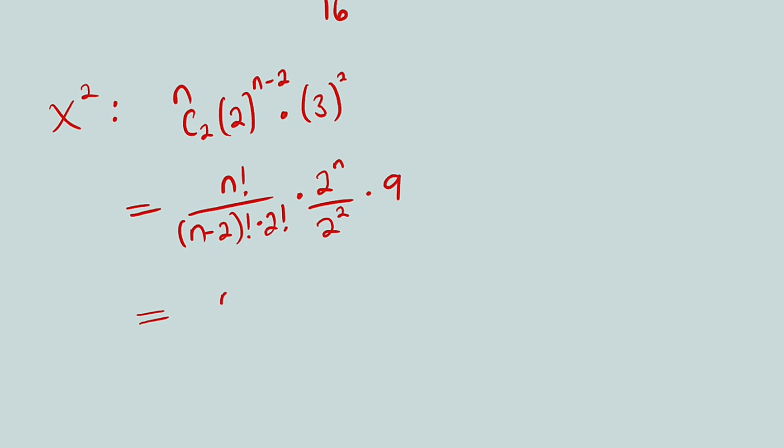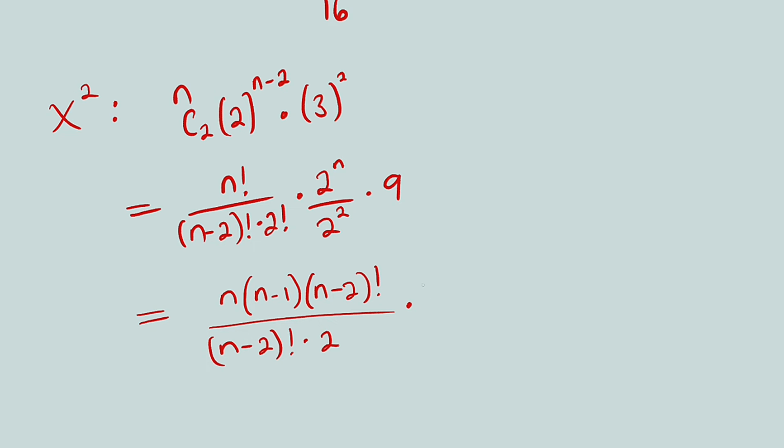This is the same thing as n multiplied by (n minus 1) multiplied by (n minus 2) factorial. I will stop here because I have (n minus 2) factorial down below. Then multiply by 2 factorial, which is the same thing as 2 times 1, equal to 2. Then multiply by 2 to the power of n multiplied by 9, divided by 2 to the power of 2, which is 4.